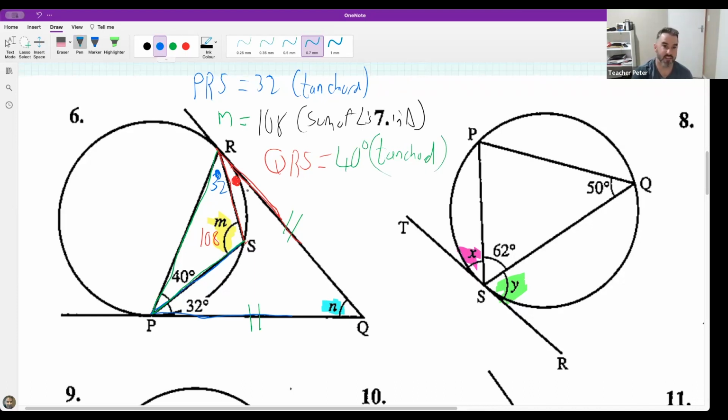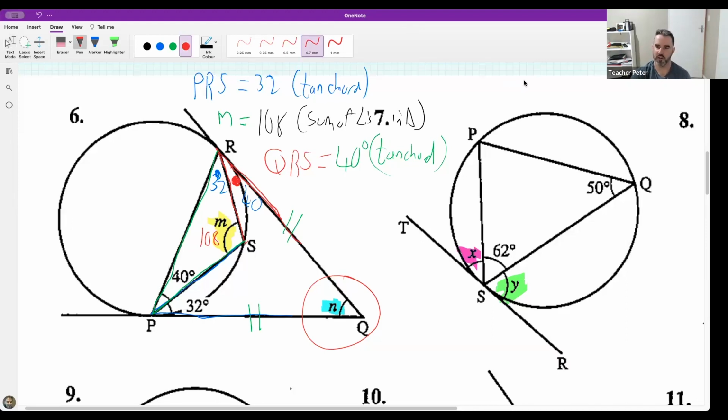Now, if this is 40, we're in a good position to go after n. What is n going to be?